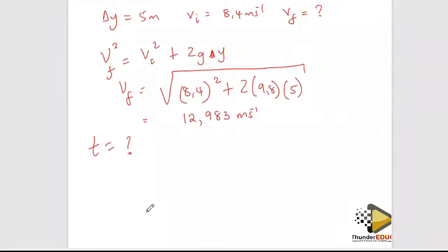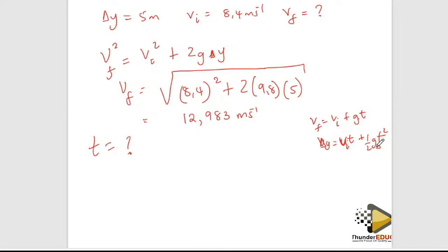I don't know how people do this, so look at it. It's a 3-mark question. Remember, we have V final is equal to VI plus GT or AT, and then delta Y is equal to VI times T plus a half G T squared.